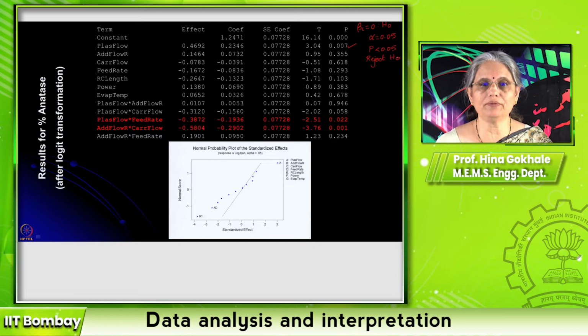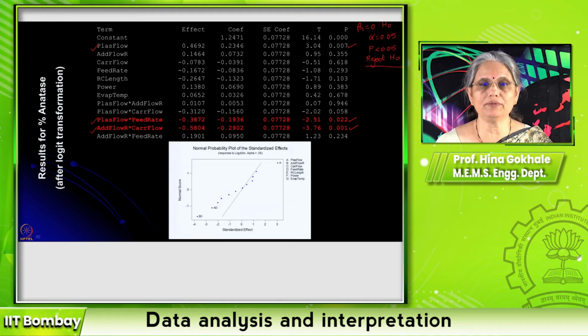It means that for plasma gas flow rate and the two interactions, of plasma gas flow rate with feed rate and additional gas flow rate with carrier gas flow rate, are the places where our H0 is rejected.